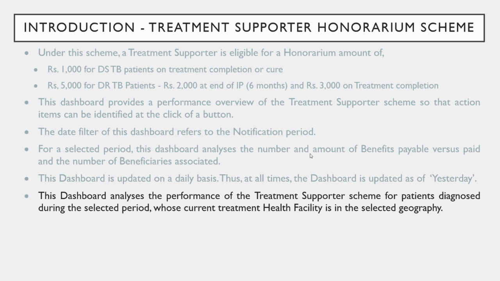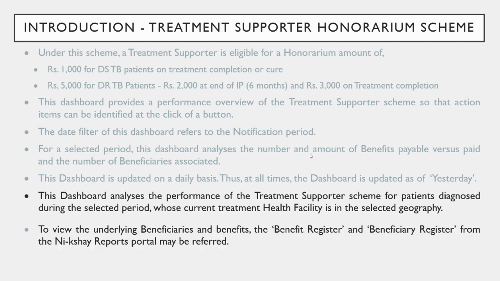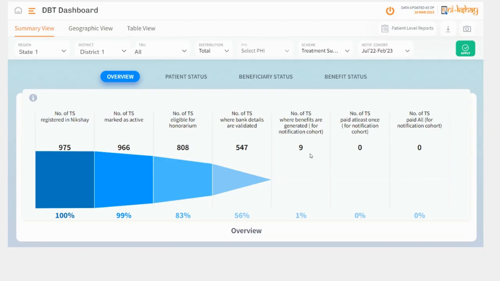This dashboard analyzes the performance of the treatment supporter scheme for patients diagnosed during the selected period, whose current treatment health facility is in the selected geography. To view the underlying beneficiaries and benefits, the Benefit Register and Beneficiary Register from the NICSHARE Reports portal may be referred.